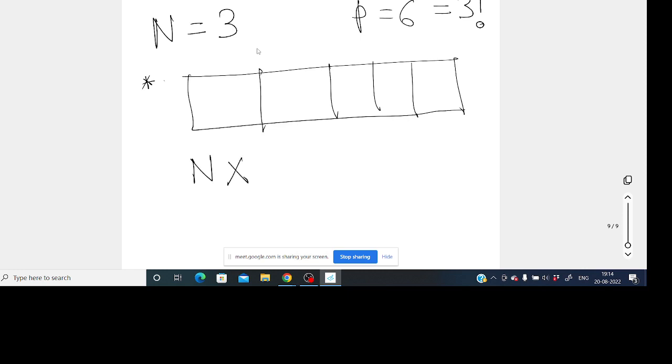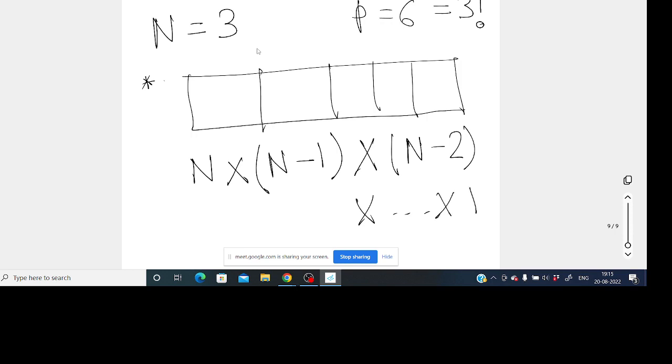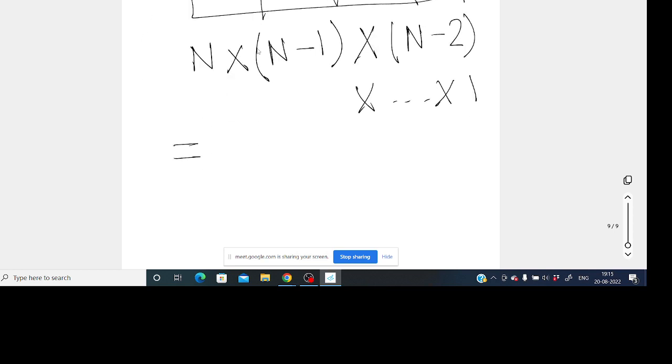For the second particle there are n minus 1 options, because you have filled one already. For the next you have n minus 2 and so on up to 1. For the last particle you have just one option left. So it will be equal to n factorial if they are distinguishable.